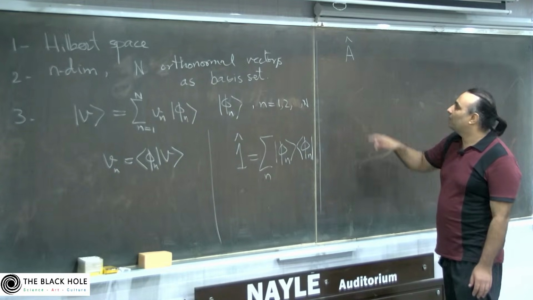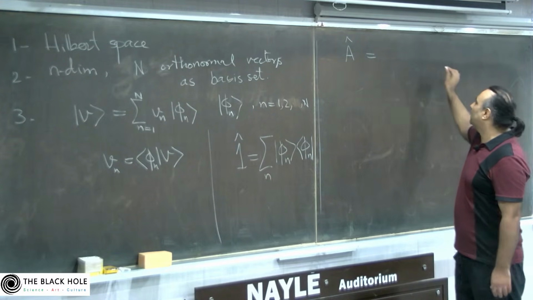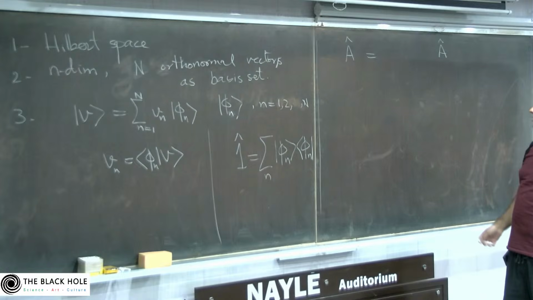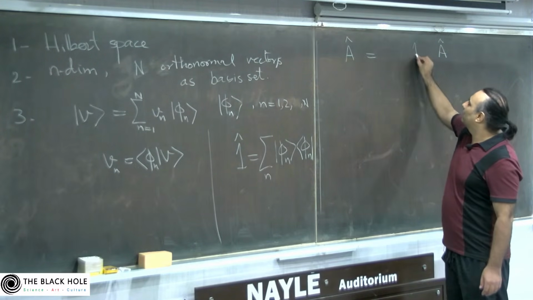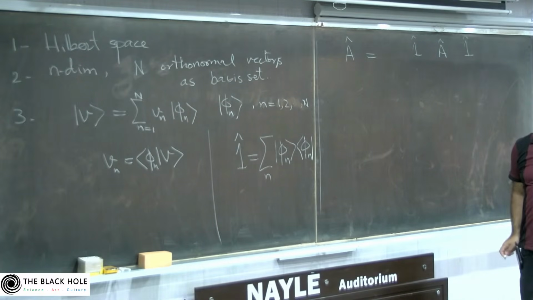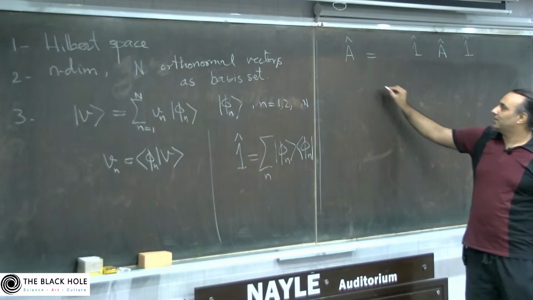Similarly, we can do that with an operator. So let's write this identity, and then we multiply one here and one here. By definition, it's still the same operator.